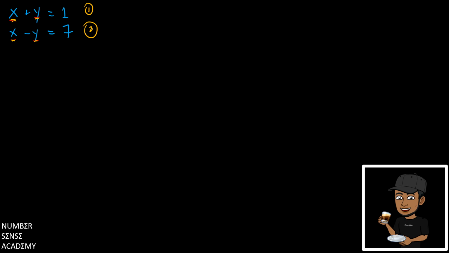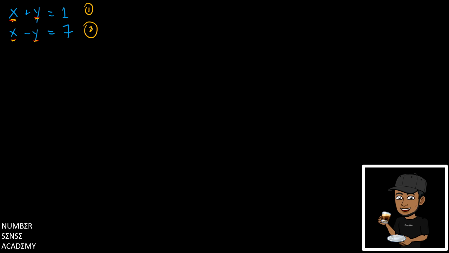The way that we do elimination, I'll just do this quickly on the side. We're going to treat each equation as a term, so to speak, and we're going to add these equations together. I'm going to ignore the variables and just focus on the coefficients.